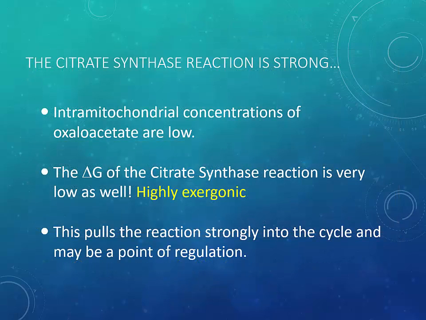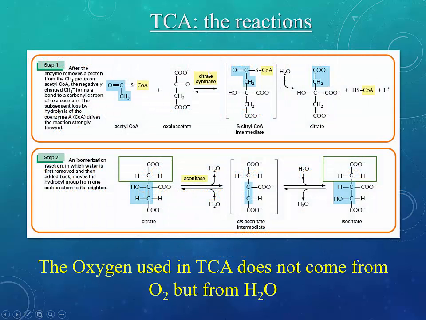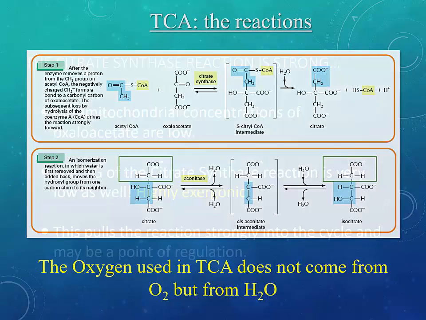The way this is maintained is that intramitochondrial amounts of oxaloacetate are kept low, and the delta G of the citrate synthase reaction is really low. It's very negative, highly exergonic. So citrate synthase, this reaction here, is actually pulling the entire process forward because we have low amounts of oxaloacetate.